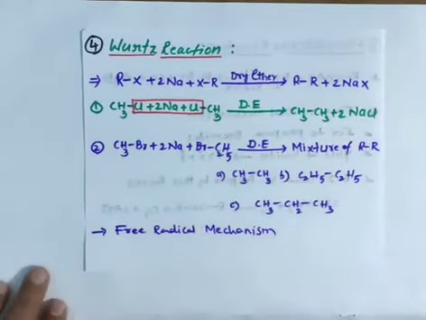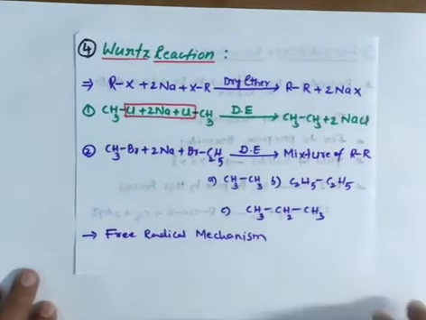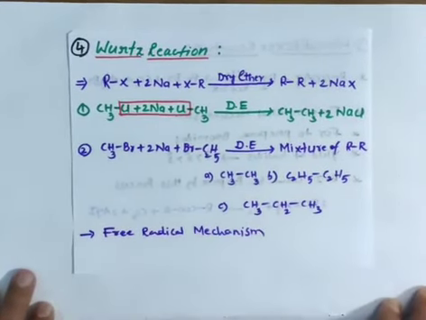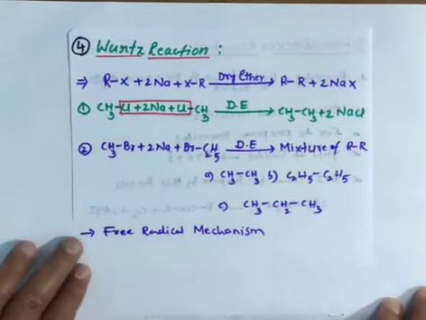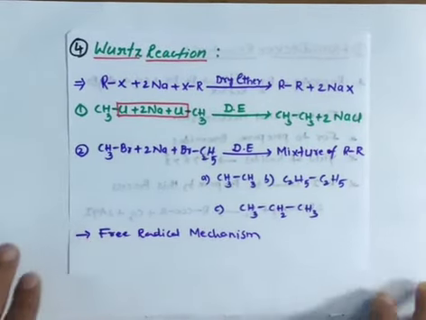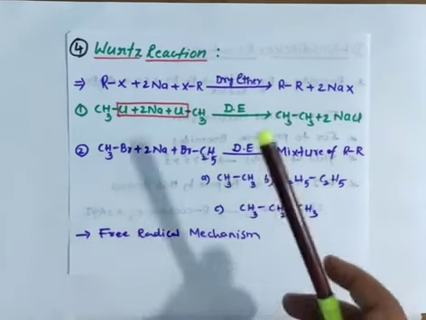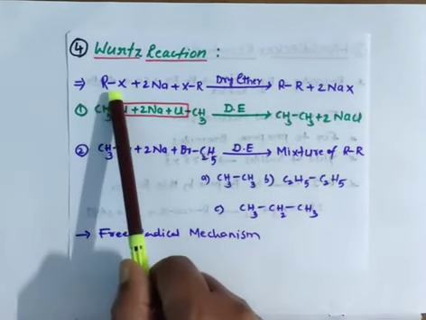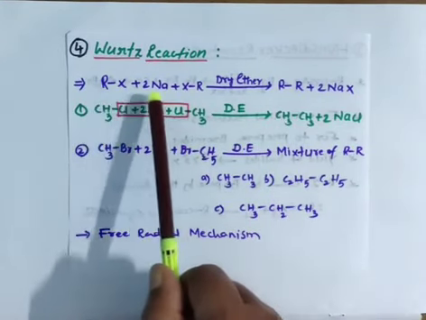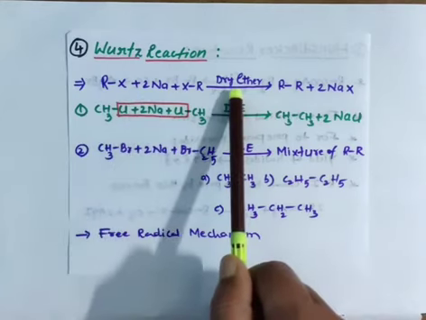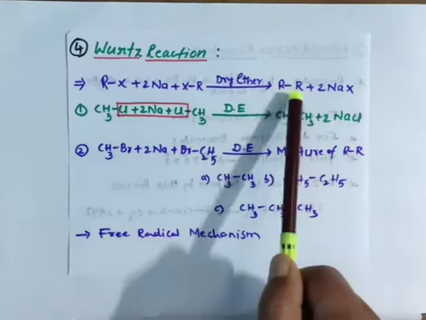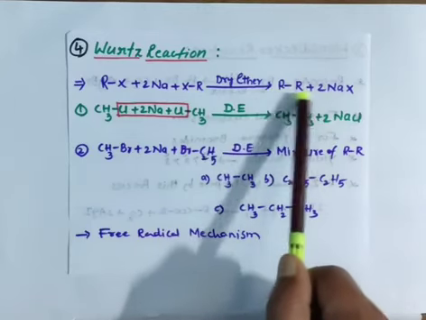Another named reaction we have here, that is the fourth named reaction, the Wurtz reaction. It is a very important named reaction which we learn in first PUC as well as second PUC. By the Wurtz reaction we are preparing alkanes, R-R type. 2 moles of alkyl halide with 2 moles of sodium in the presence of dry ether, you are getting R-R type alkanes.